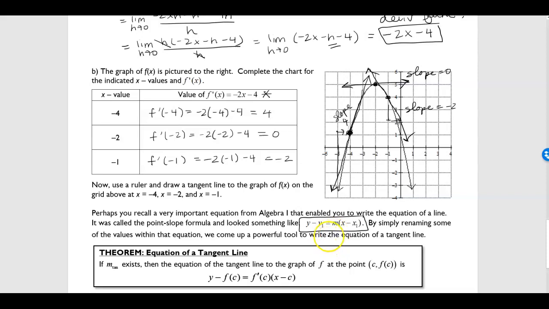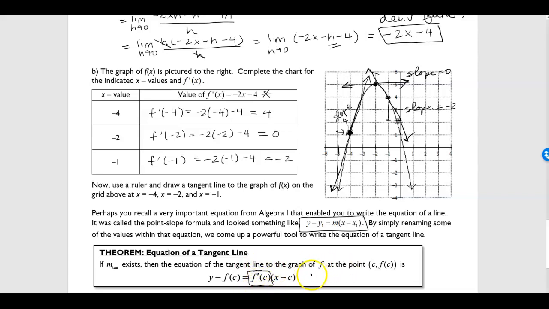The only thing we're going to make different here is that m is the slope of the tangent line. So that means it's our derivative. So if we know that the slope of our tangent line exists, then the equation of the tangent line is y minus f of c equals f prime of c times x minus c. So we're just using f prime of c there for our m, our slope of our tangent line.